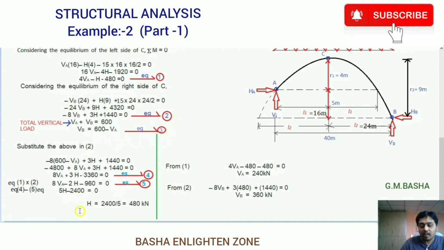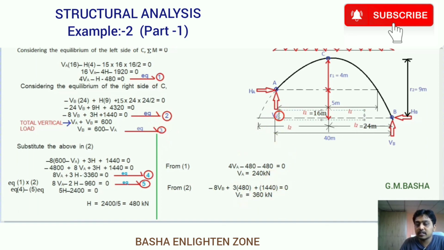Okay. After obtaining this, I am explaining the manual calculation. H will be 480 kilonewtons. So whatever value is obtained here for H, which is equal to both HA and HB. Again you can substitute this H value in both equation 1 and equation 2. You will get VA value and VB value, that is 240 kilonewtons and 360 kilonewtons.